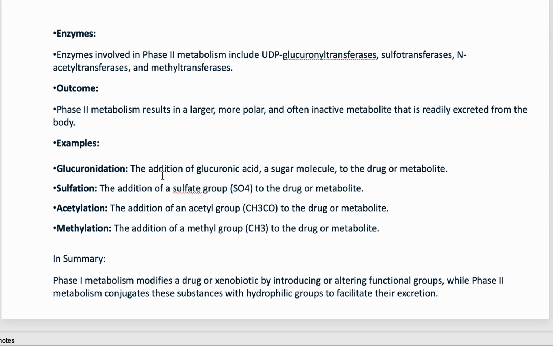It involves addition of glucuronic acid, a sugar molecule, or sulfation, which adds SO4 to the drug metabolites, or acetylation, adding CH3CO, or methylation, which is addition of a methyl group to the metabolite. So again, it makes the metabolites more easily excretable.